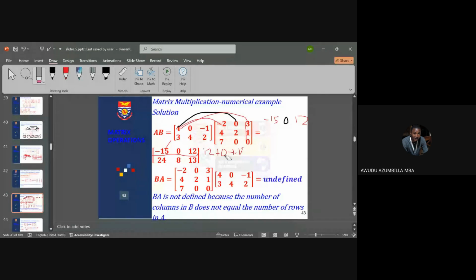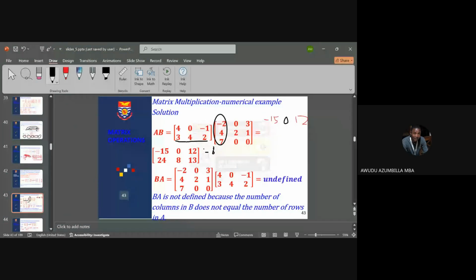The last thing is that, again, you will take this row here and start with the first column. Let's do it and see. We multiply 3 by -2, which gives negative 6.